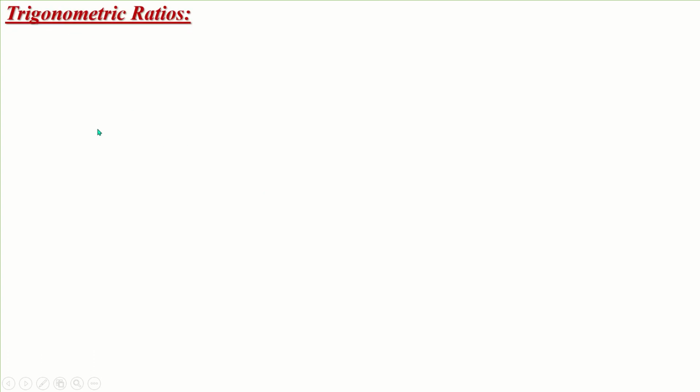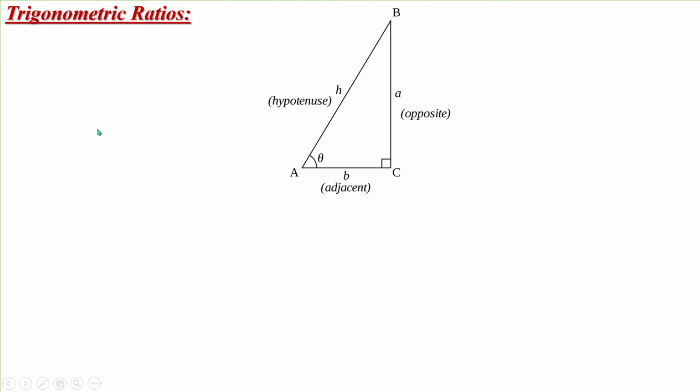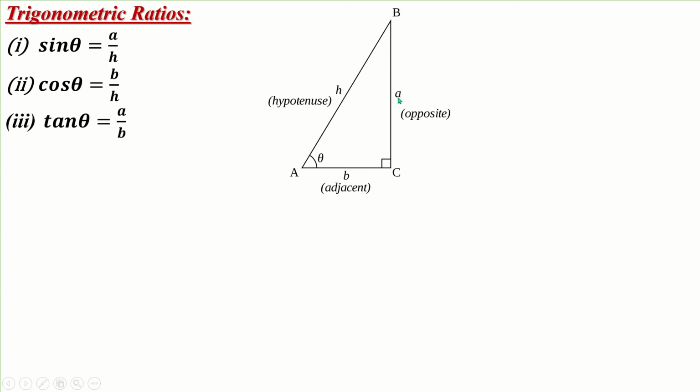I will explain again in a case. Here, given a right angle triangle, this is the hypotenuse, this is the opposite side, and this is the adjacent side. Sin theta equals opposite side by hypotenuse, cos theta equals adjacent side by hypotenuse, tan theta equals opposite side by adjacent side, cosec theta equals hypotenuse by opposite side, which is 1 divided by opposite side by hypotenuse, equals 1 by sin theta.